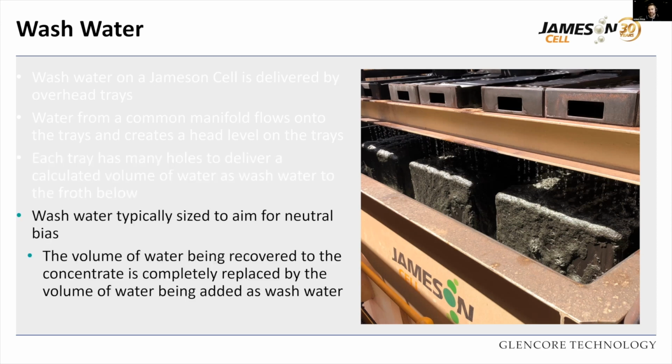We tend to size for a neutral bias, which essentially means that we're looking for a 1-to-1 ratio of the wash water to the water that would be collected or brought to surface in concentrate. That's based on fully replacing that water to make sure that we've got 100% new clean water within that concentrate, and all of those entrained particles are pushed back into the system.